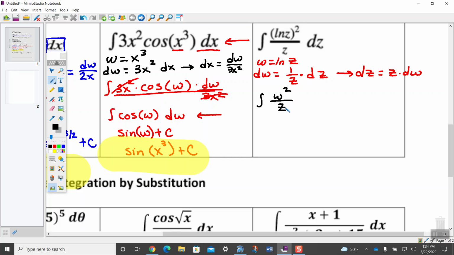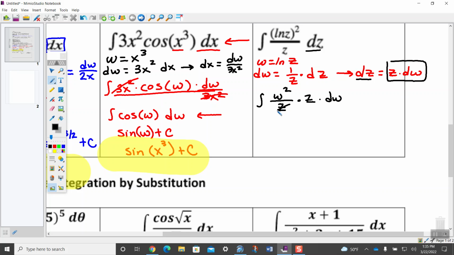Right here, the dz part is now what, kids, for substitution? Z times dw. So this is times z times dw, right? Oh, interesting. When you substitute, most times something should do what? Cancel. In this case, what's canceling? Z. We're trying to exchange the letter z for the variable w, and in this case, would the z's cancel mathematically?